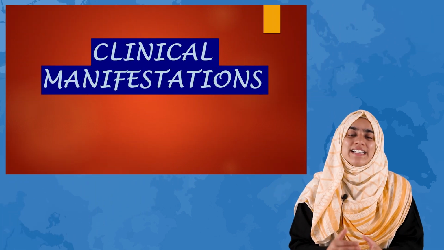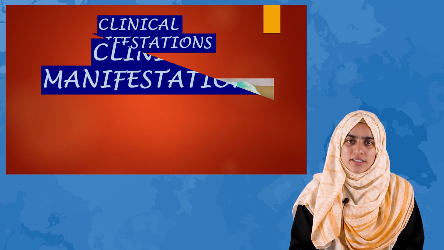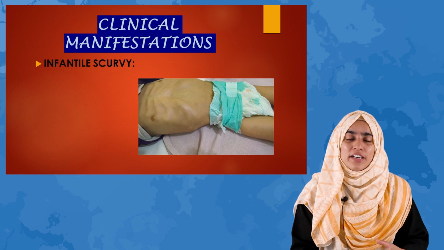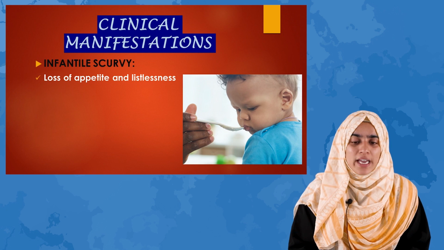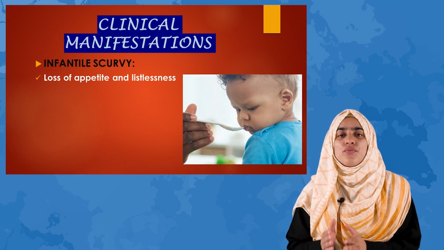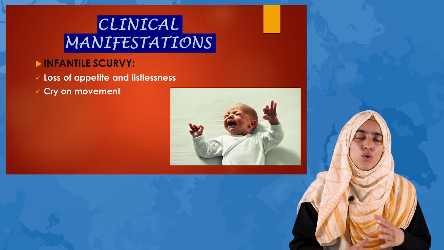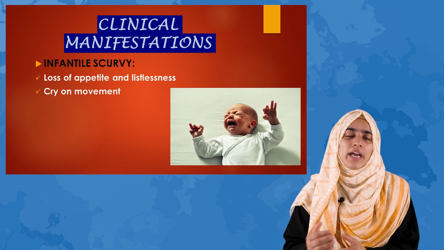So we can see some of the clinical manifestations of this vitamin C deficiency. The first manifestation we can see is infantile scurvy. The early symptoms of infantile scurvy are loss of appetite and listlessness. When the arms and legs of the infant are moved, there is excessive crying.